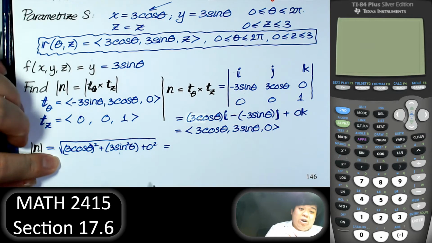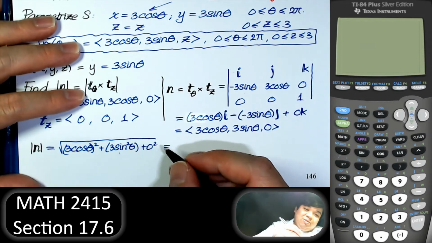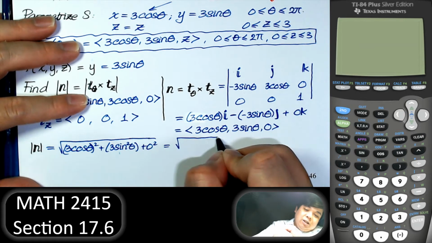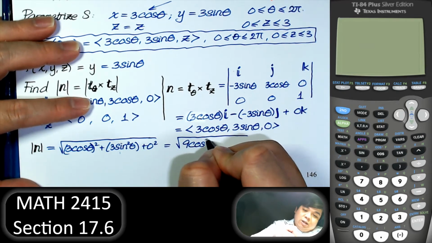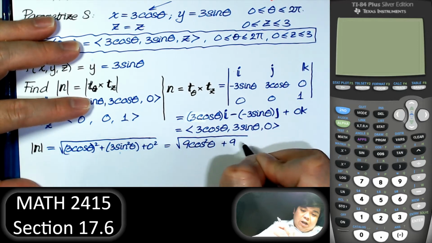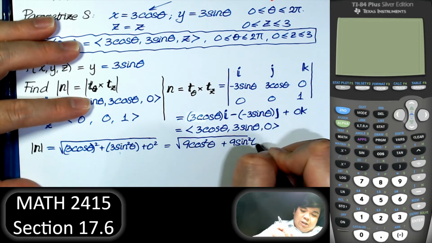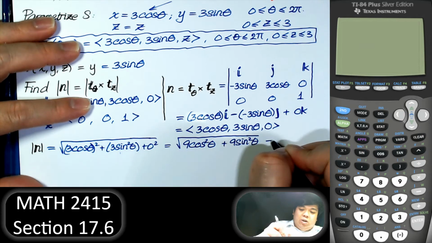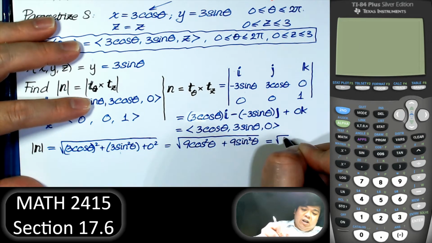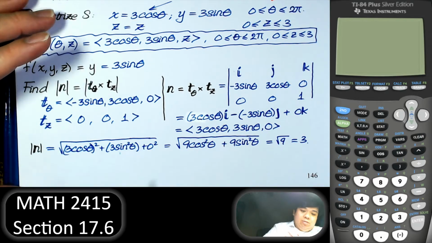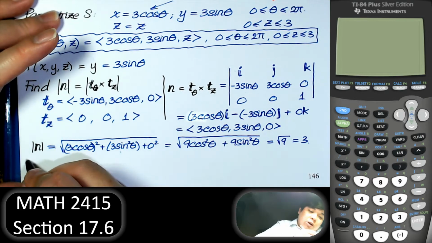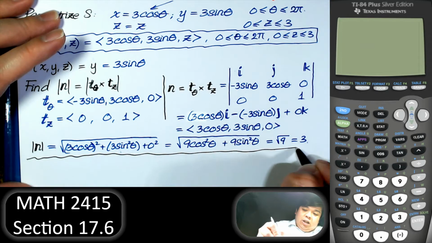So this is r squared, or 9. Right, anyway, so 9 cosine squared plus 9 sine squared. Cosine squared plus sine squared is 1, so we take the square root of 9, which is 3. Right, so that's what we have. Now we have all the components for the line integral.